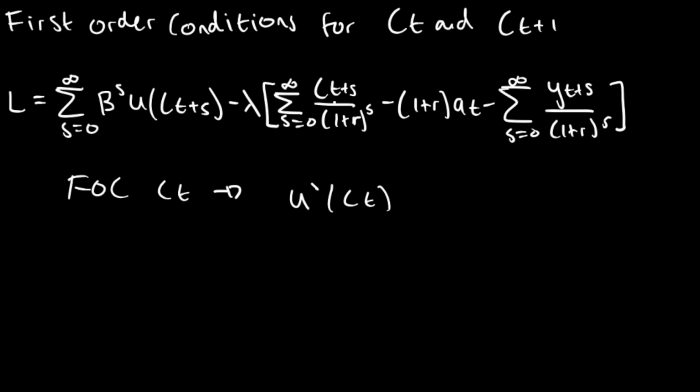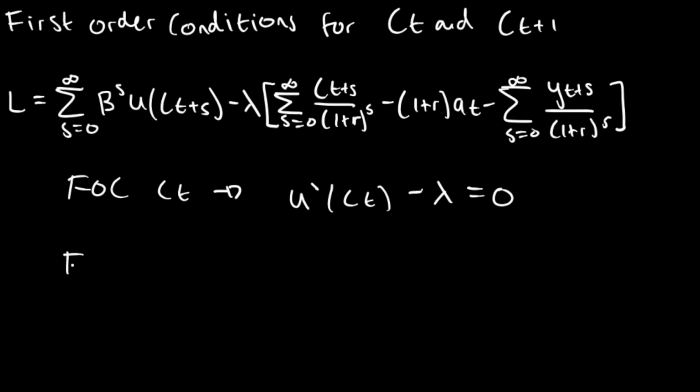Remember, S will equal 0, so the summation will go away, the discount factor will go away. So we're going to have lambda multiplied by Ct, and when you take the first order condition of that with respect to Ct, you're just going to get minus lambda. We set that equal to 0 because we're maximizing the function, and that's what our first order condition with regards to Ct is going to look like.